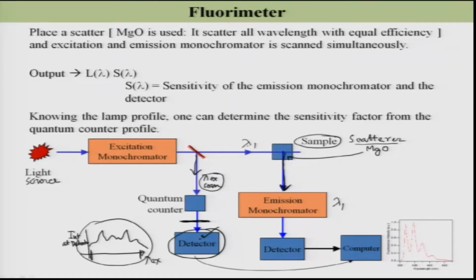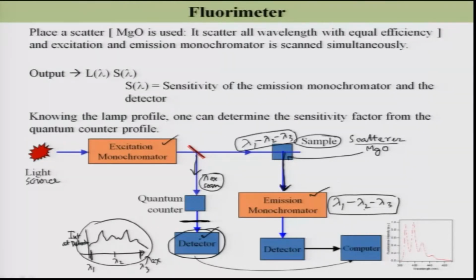Let me write here lambda 1, lambda 2, lambda 3. I will scan from lambda 1 to lambda 2, lambda 3, and simultaneously I also have to set the emission monochromator to lambda 2, lambda 3. That means, a synchronous change of wavelength of the excitation monochromator as well as the emission monochromator.